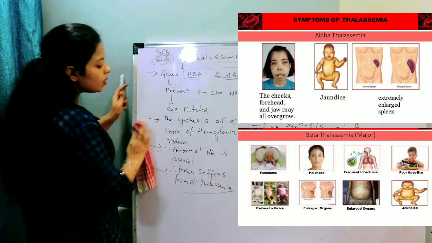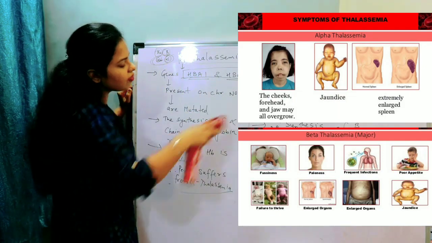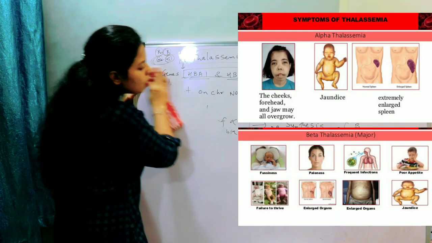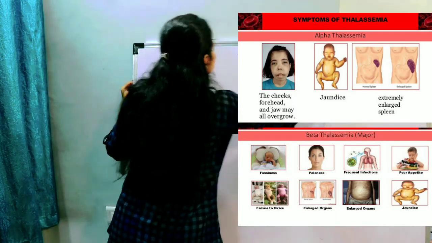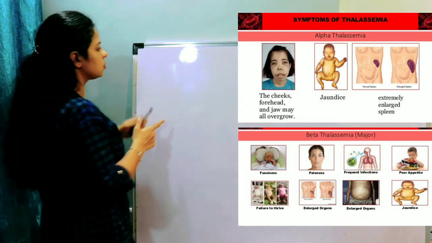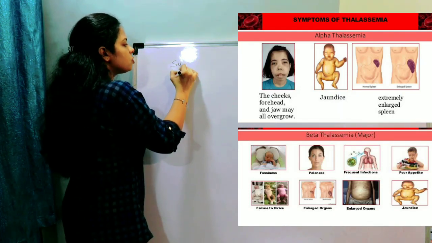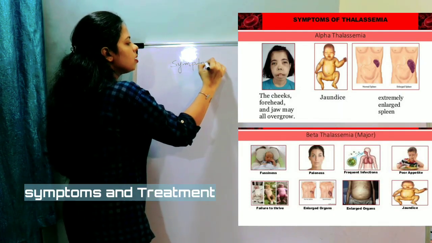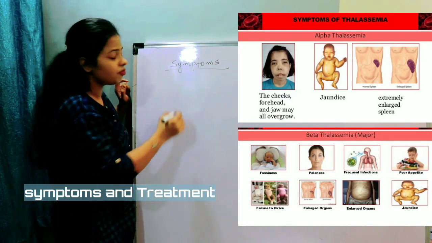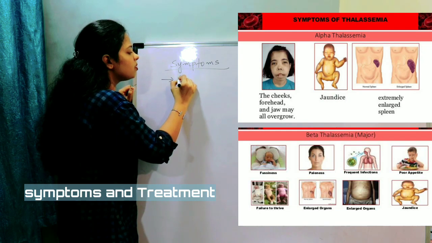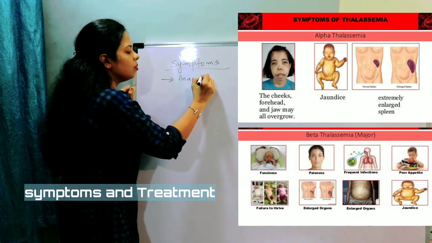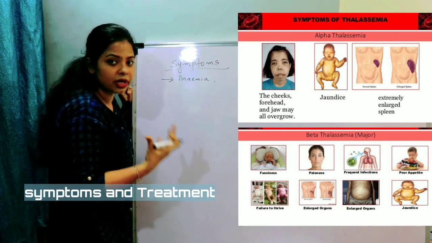Now let's start with the symptoms. If a person is suffering from any type of thalassemia, what happens? If a person suffers from thalassemia, the person will have anemia, which causes weakness.